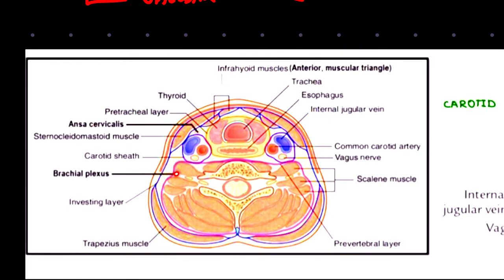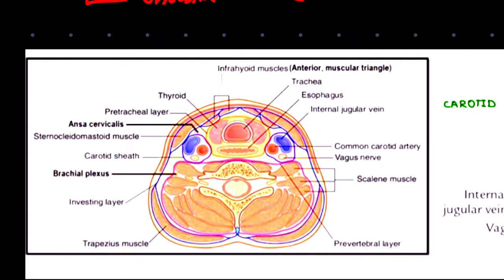If you have gone through the lecture on the triangles of the neck, at that time we talked that in the posterior triangle we will find the brachial plexus.